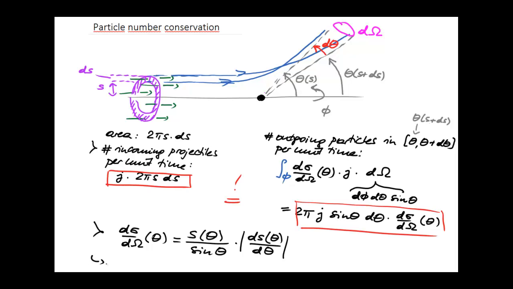So what you have to do is calculate theta of S. This is something that you can do if you know the form of the potential, and what we are going to do next time for the Kepler potential, scattering angle as a function of impact parameter. Then you invert to get S of theta, and then you insert this into the formula above, and you get the differential cross-section d sigma over d omega.